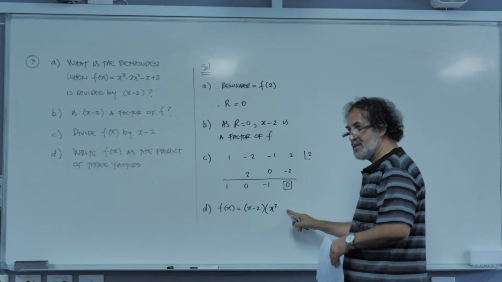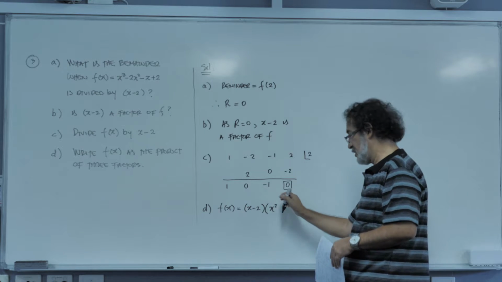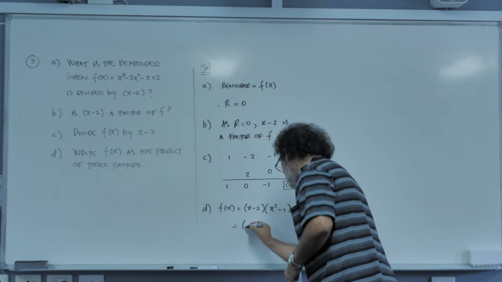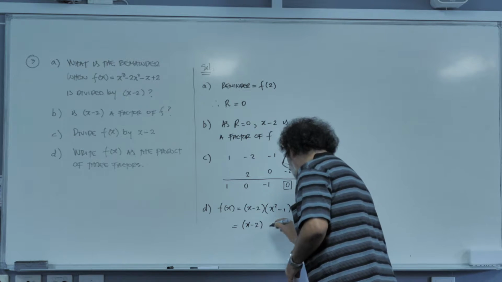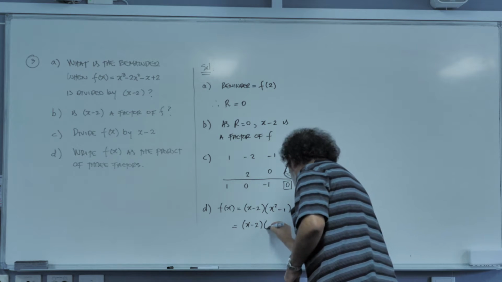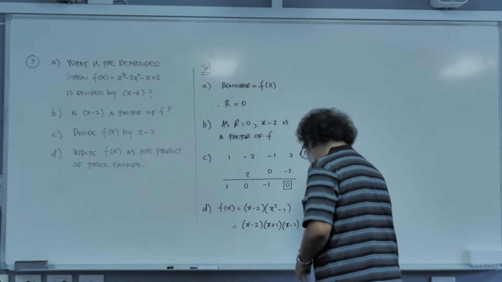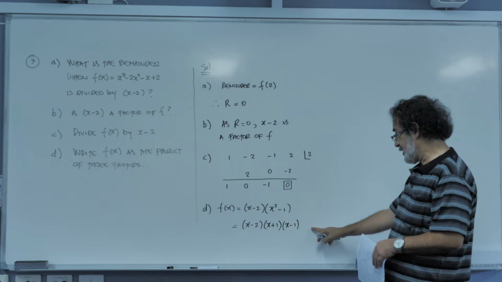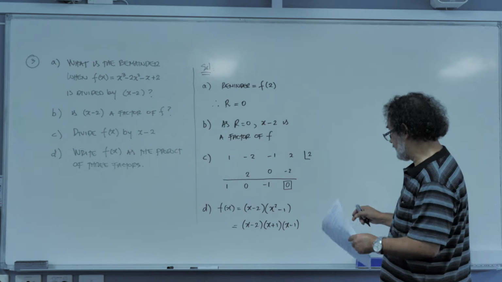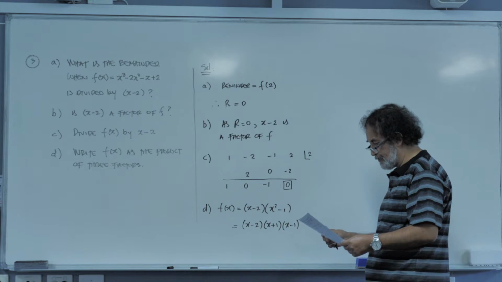We don't have the x because it's 0. But we have the constant, which is negative 1. And then you can see clearly that this can be factored. Remember this? This is a difference of two squares. So this is going to be x plus 1 and x minus 1. And you can see clearly that x minus 2 is one of the factors. All right, that's it. So it looks like it's not too hard.